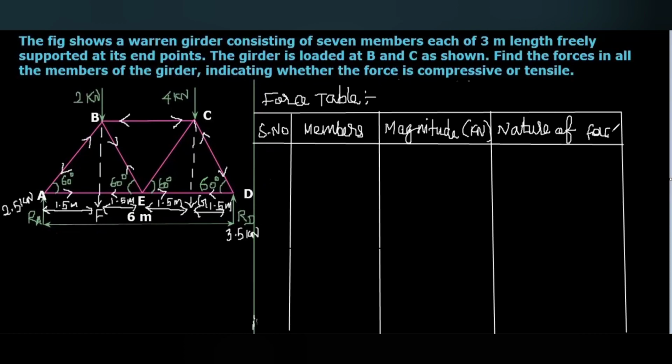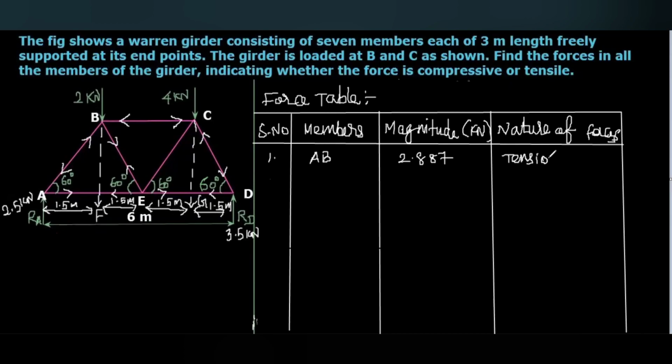Okay, nature of forces. So here, first of all, 1, the force in the member, that is AB. The magnitude we calculated as 2.887 kilonewton. And here you can see the forces in the member AB that tend to pull the body. So that will be in tension.